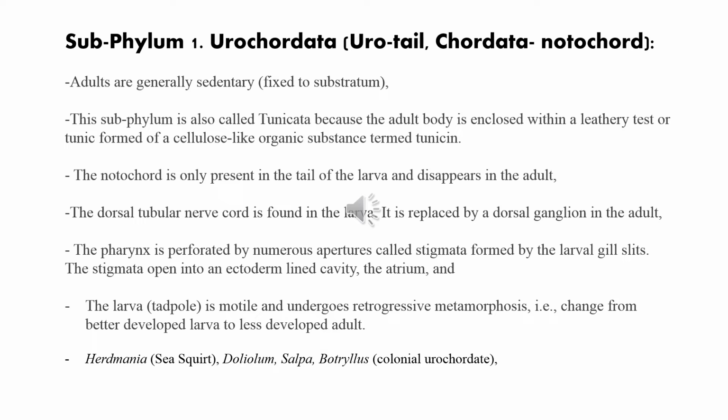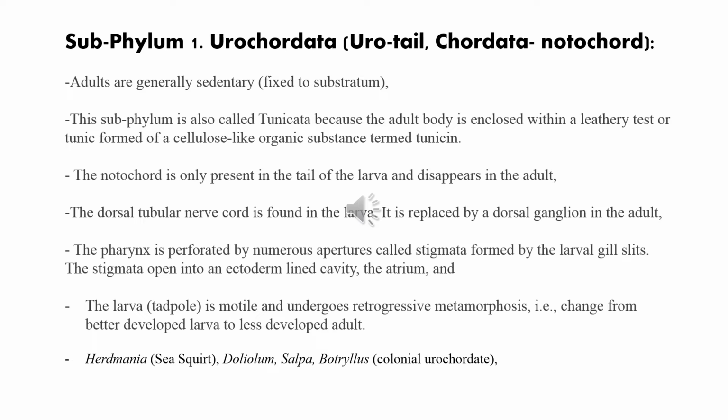Then one of the important characteristics of chordates, which I have already explained to you, is the dorsal tubular nerve cord. In case of Urochordata, the dorsal tubular nerve cord is found only in the larval form and it is replaced by dorsal ganglia in the adult. In Urochordata, the pharynx is perforated by numerous apertures which are called stigmata, and these stigmata are heavily ciliated.